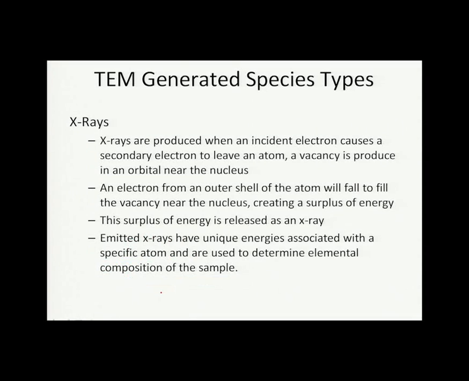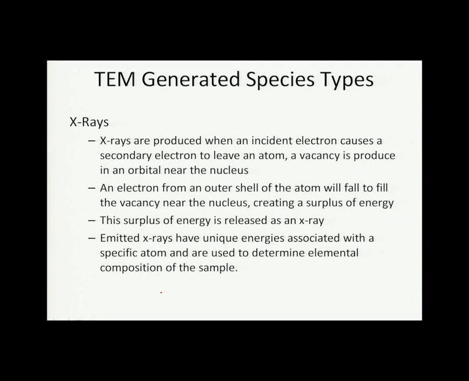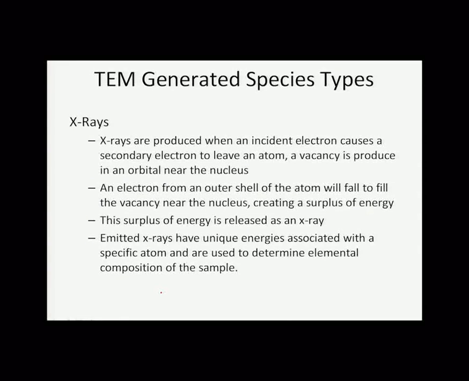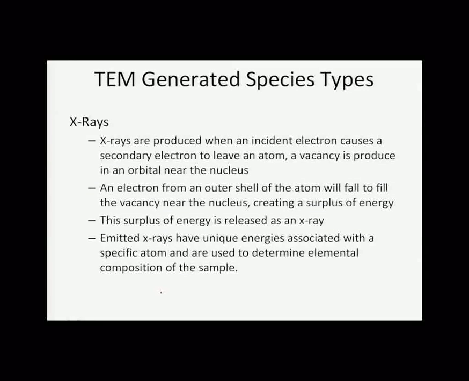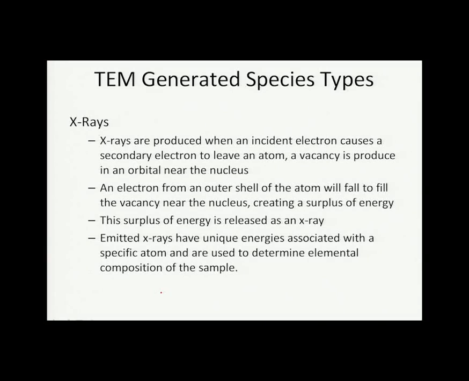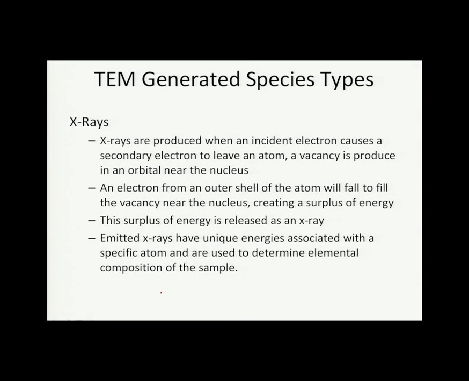X-rays are a type of species that can be generated when the electron beam interacts with our sample, and we haven't discussed this yet in too much detail, so let's take a closer look. Basically, X-rays are produced when an incident electron causes a secondary electron to leave an atom. A vacancy is produced in an orbit near the nucleus.